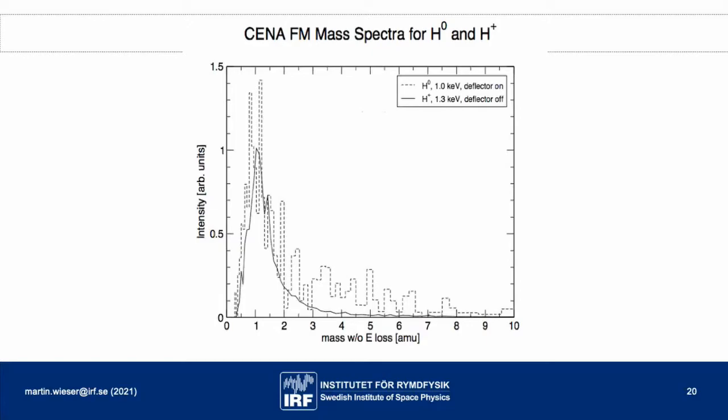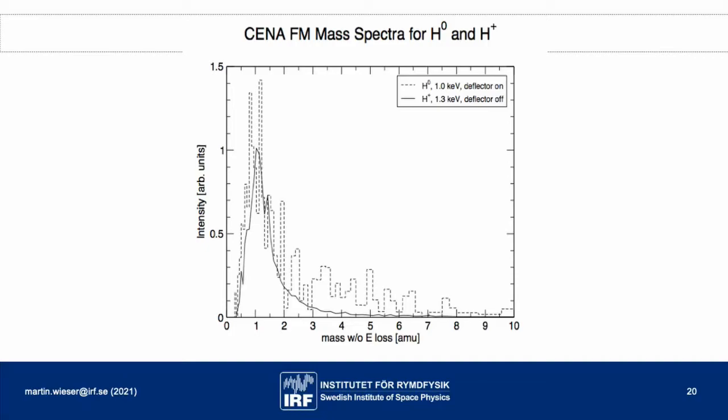Now we were using ions to show the performance, but of course there also has to be proof that the neutrals which interact with the charge conversion surface at the entrance of the instrument produce the same response. And here is some data obtained from the flight model calibration.